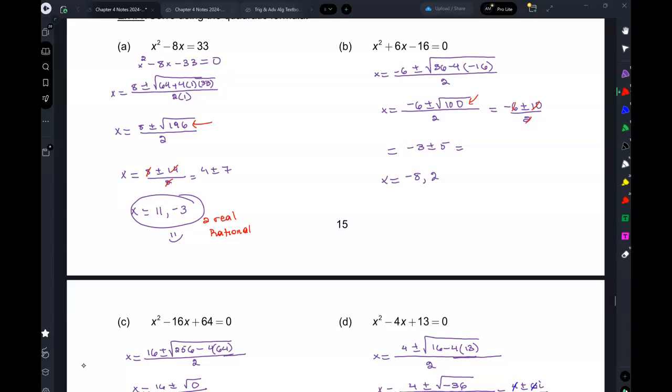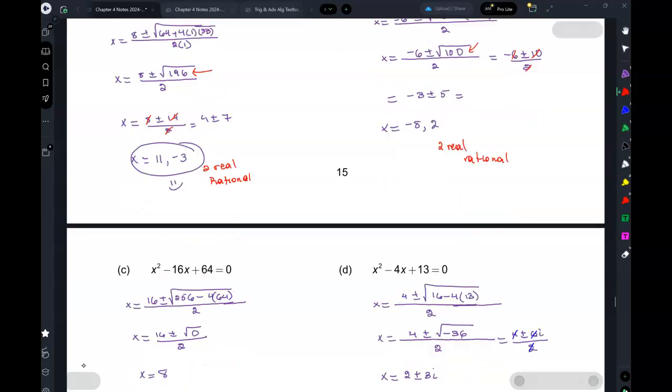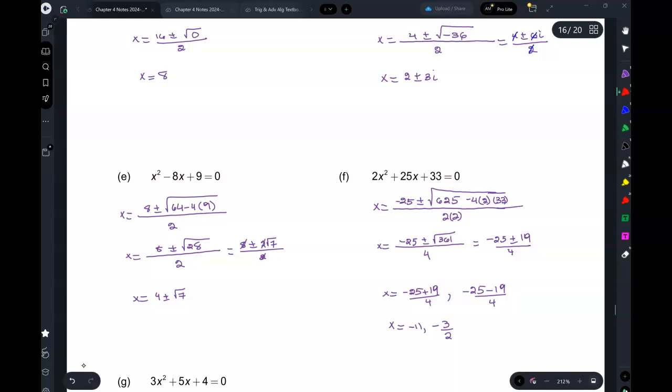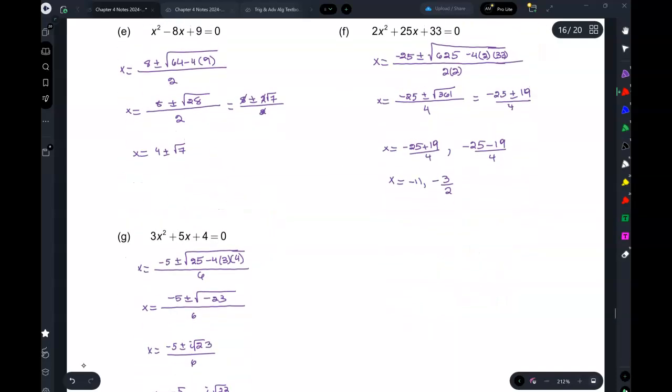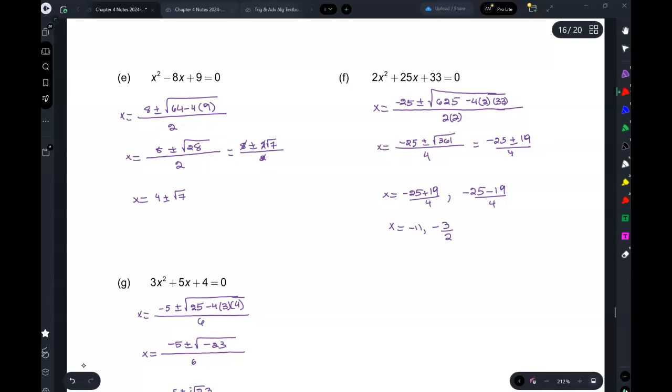Here too, it's a perfect square, and I got 2 real rational solutions. Where else did I get that? Here, right? That was a perfect square. And I got 2 real rational solutions, right?